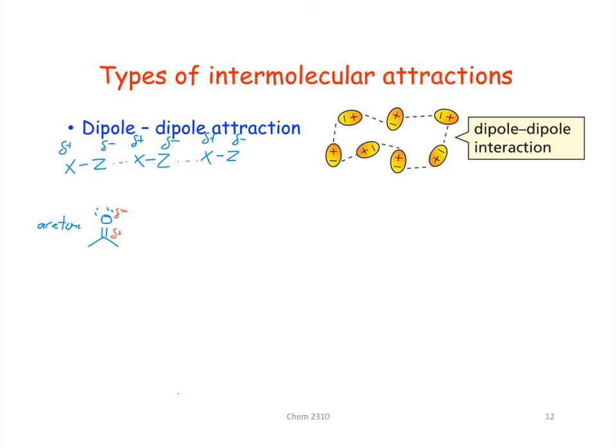And so one molecule of acetone will be attracted to another molecule of acetone through its non-bonding electrons. So this molecule of acetone will be attracted to the delta plus side of another acetone molecule. Likewise, this acetone with delta minus will be attracted to this carbonyl carbon end.